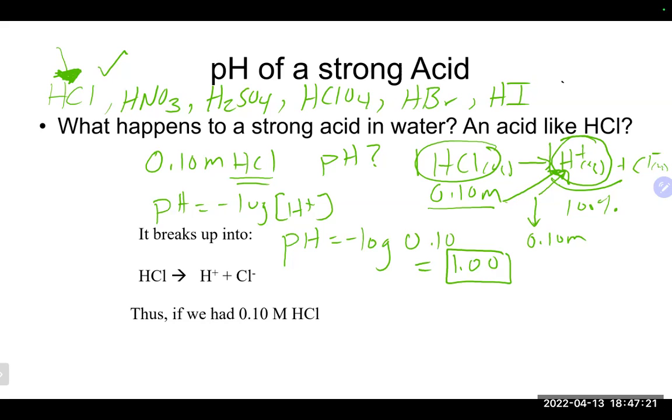So you can probably safely, like I said, assume that it is definitely going to be strong. And really all you need is to figure out what the H plus concentration is in order to calculate the pH. Any questions on that there? And again, this list of strong acids is a good one to know. Not that I would necessarily ask you a question directly like that, but it's a good thing to reference and know.